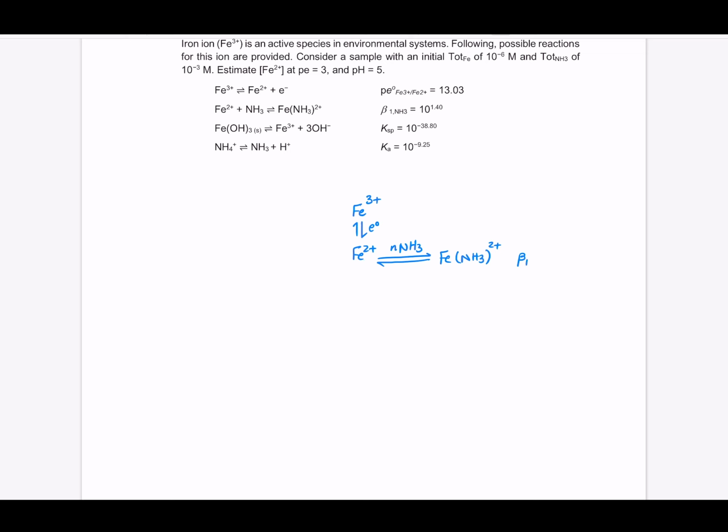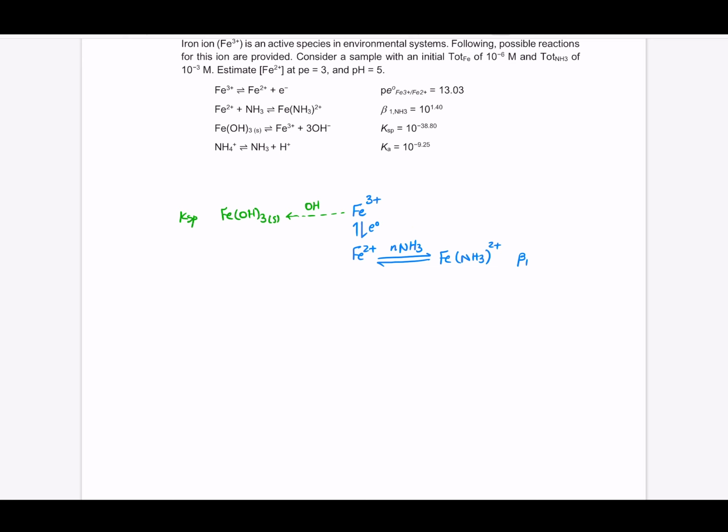The third reaction is the possibility of precipitation of Fe3+ with OH to form Fe(OH)3 solid, Ksp. And then we see that this ammonia is a part of an acid-base reaction.